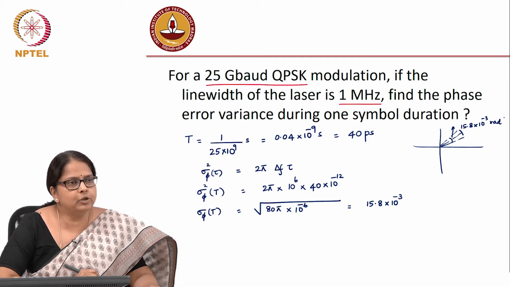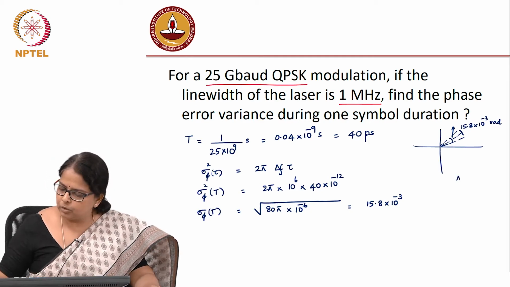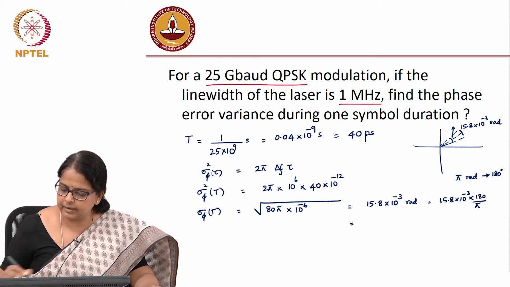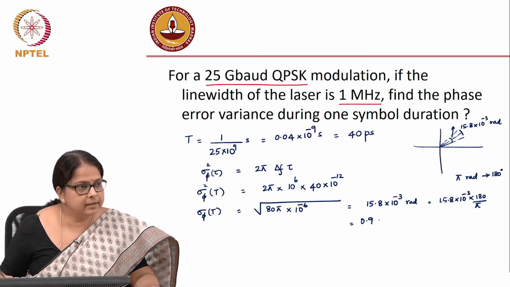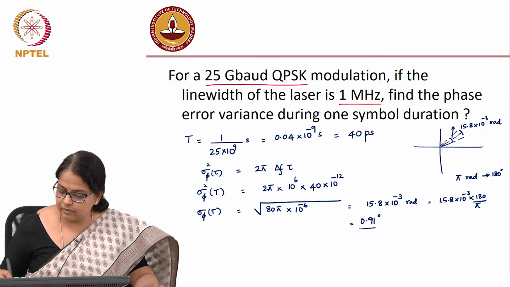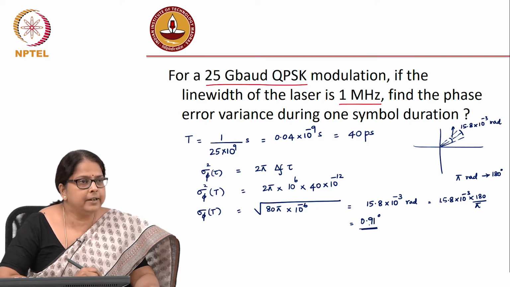So, can you convert this into degrees? Pi radians is 180 degrees. So, this many radians would be 15.8 into 10 power minus 3 into 180 divided by pi, which is 0.908. I am approximating as 0.91 degrees, roughly close to 1 degree.